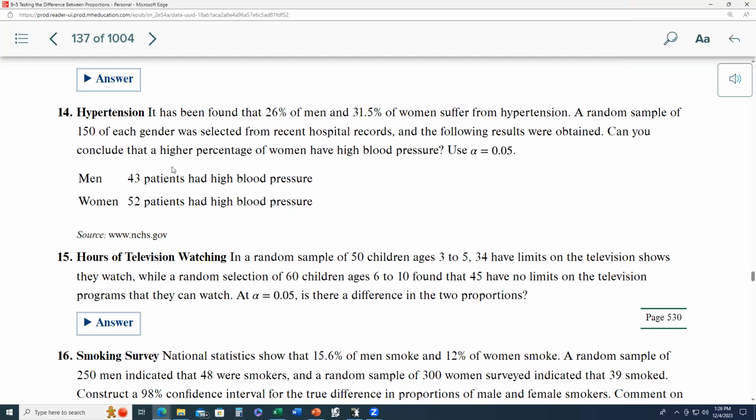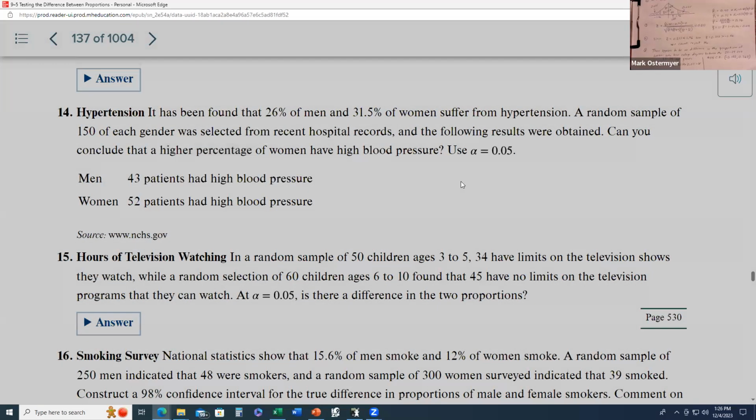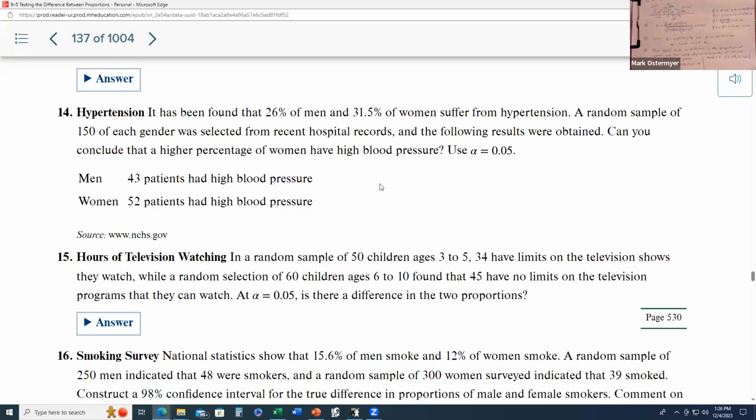Men and women. Population 1 would have to be what? Women or men? If we're trying to see if there's a greater proportion of women rather than men that have hypertension, what do you think?